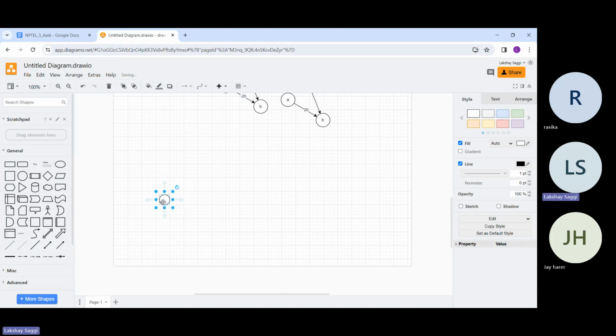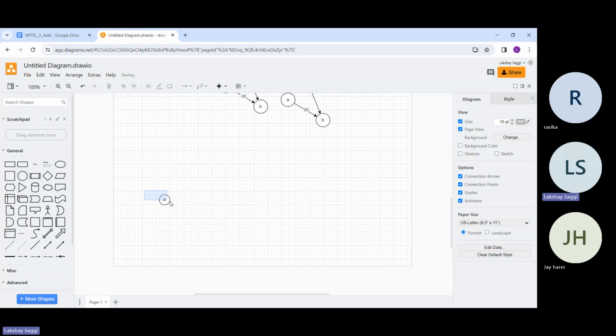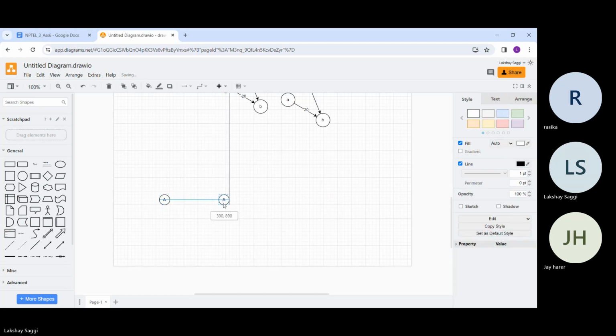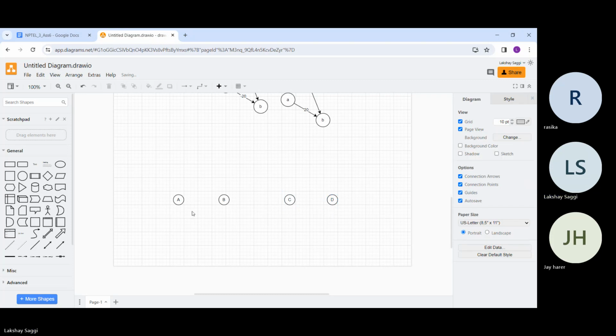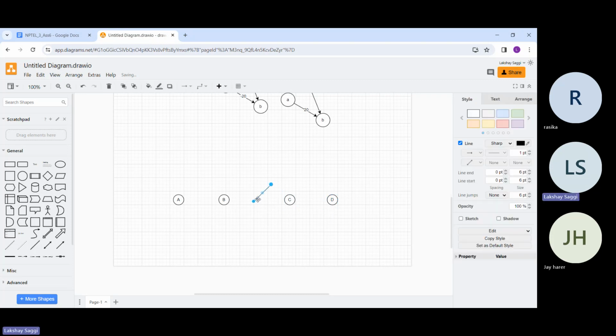So consider this vertex as vertex A. Okay, so let's just consider these vertices as A, B, C, and D. And let's assume all of these have edges between them.